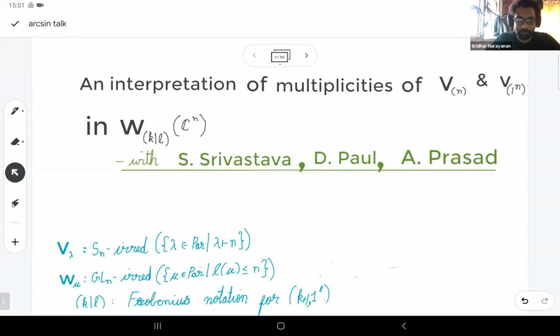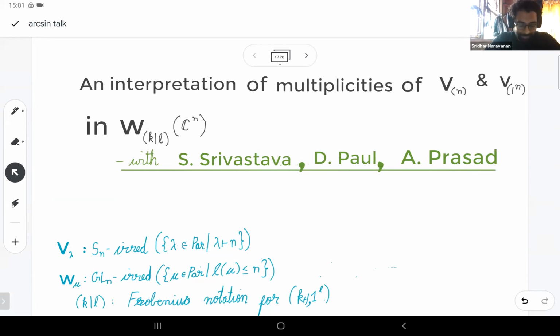And a detail of some of the proofs that I've omitted here can be found in our paper, Character Polynomials and the Restriction Problem. Just some notation before we start. An S_n irreducible, that is an irreducible of the symmetric group S_n, is denoted by V_lambda, where lambda is a partition of n.